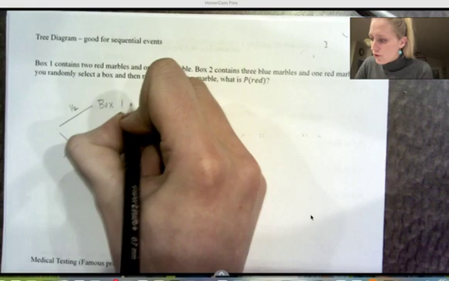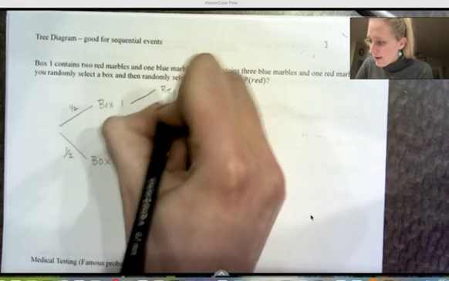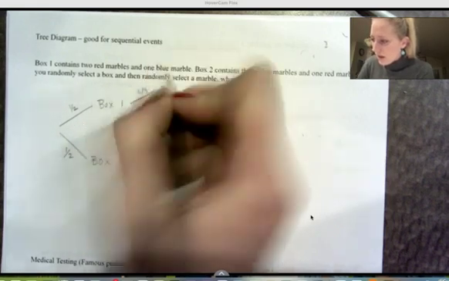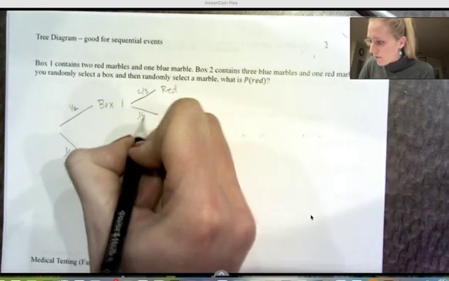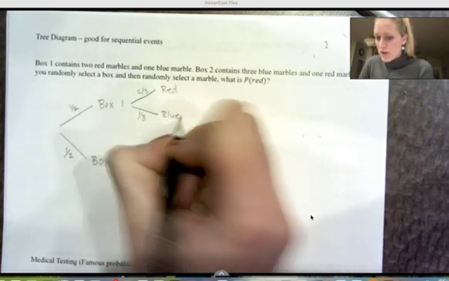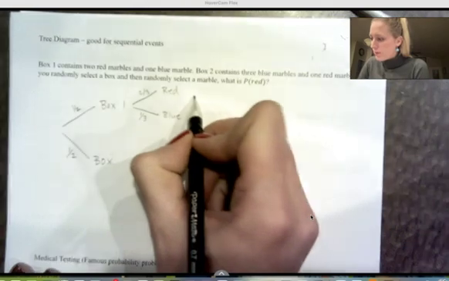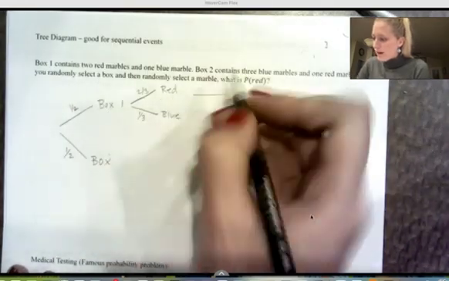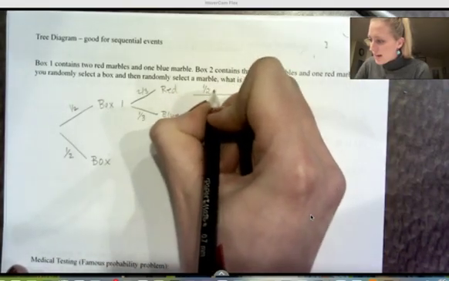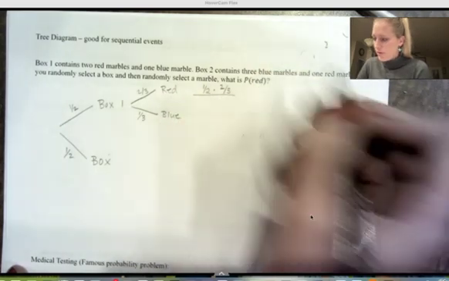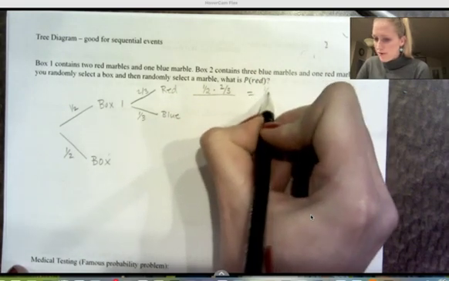So 2 out of 3 for red, and 1 out of the 3 for blue. So in this one, the probability of box 1 and red is 1/2 times 2/3, which is 1/3.